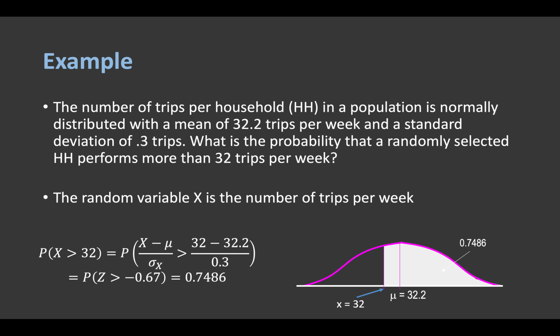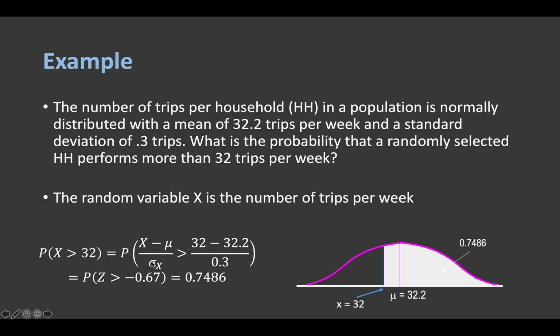So the first step is converting that to a standard normal distribution. We are trying to find P(x bigger than 32).